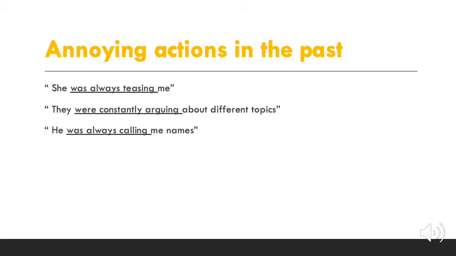Another use is annoying actions in the past. Annoying actions are things that someone else does that you don't like. For example, she was always teasing me. Two, they were constantly arguing about different topics. And three, he was always calling me names. So here we have a repeated behavior that was annoying to you.